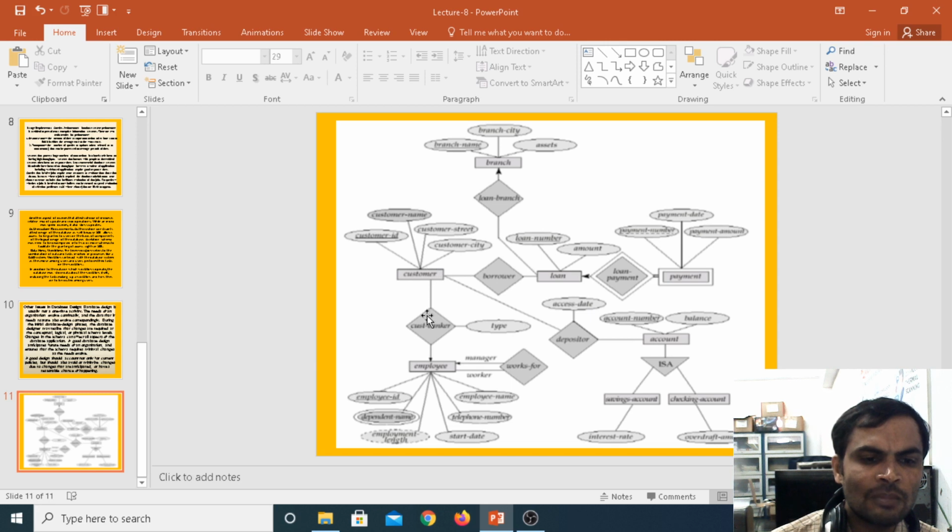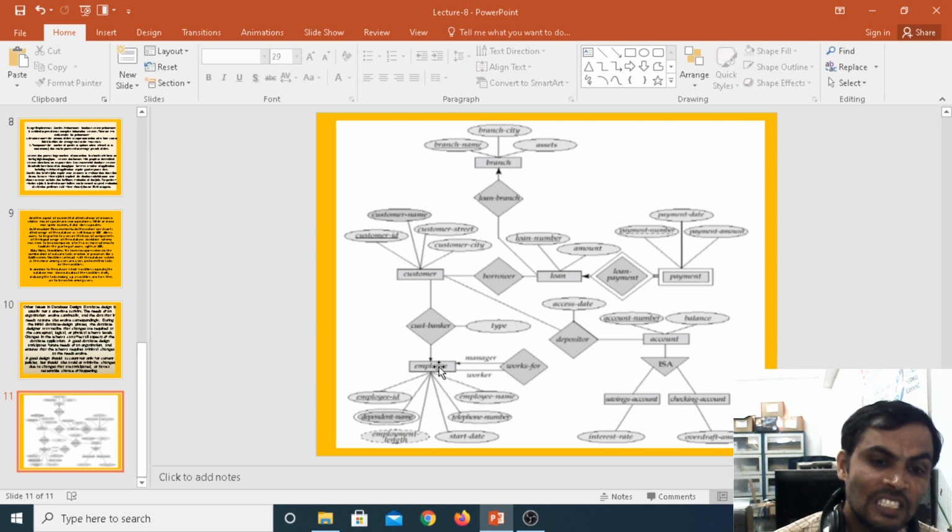Now coming to the customer to the employee. For the customer to the banker, there is a descriptive attribute. Under the customer banker, we are defining the descriptive attribute. Descriptive attribute means the type of customer, maybe the employee, or under the employee we may have class 1, class 2, class 3, class 4.